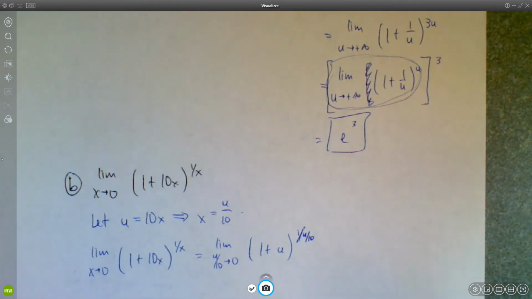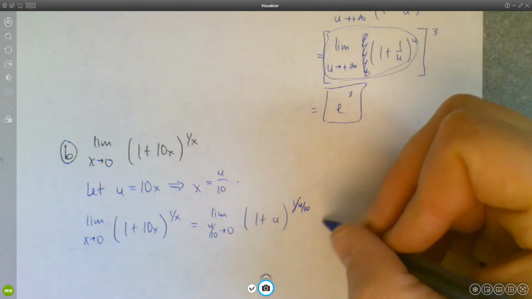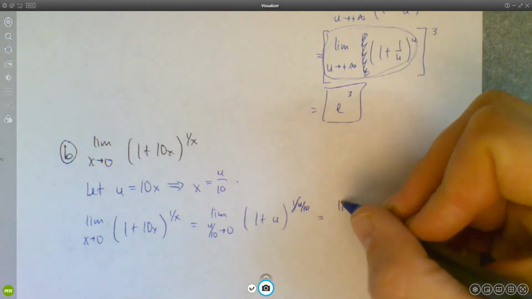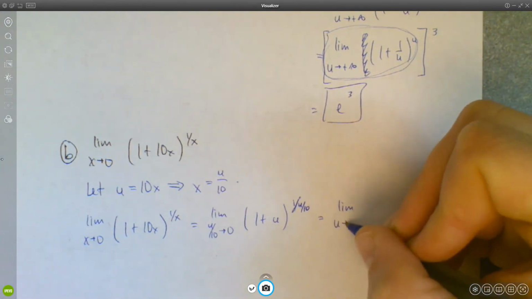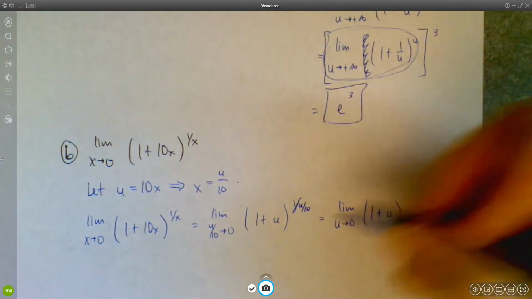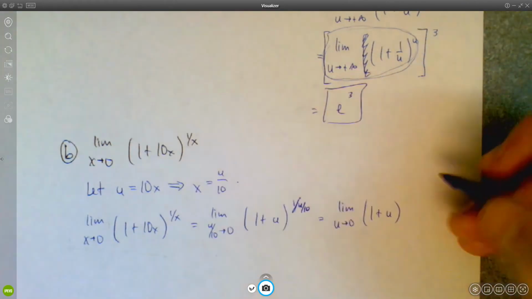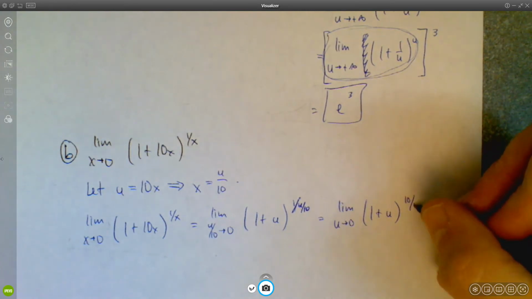Well, if u over 10 is going to 0, then u is definitely going to 0. So this is just the limit as u goes to 0 of (1 plus u) to the 1 over u over 10, which would be 10 over u.